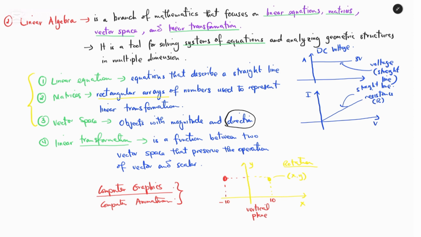So we have operations such as rotation, scaling, and translation. Most of these operations normally use a linear transformation. That means we are dealing with a 2D object.